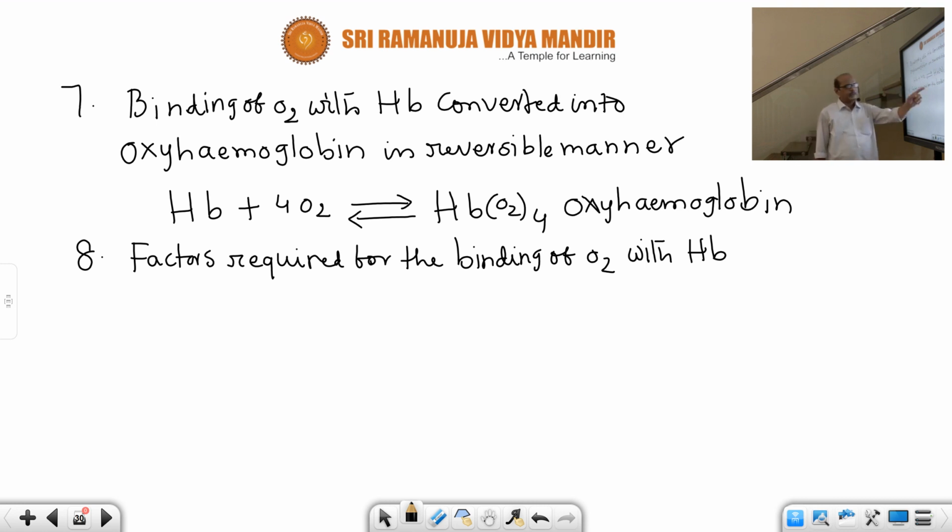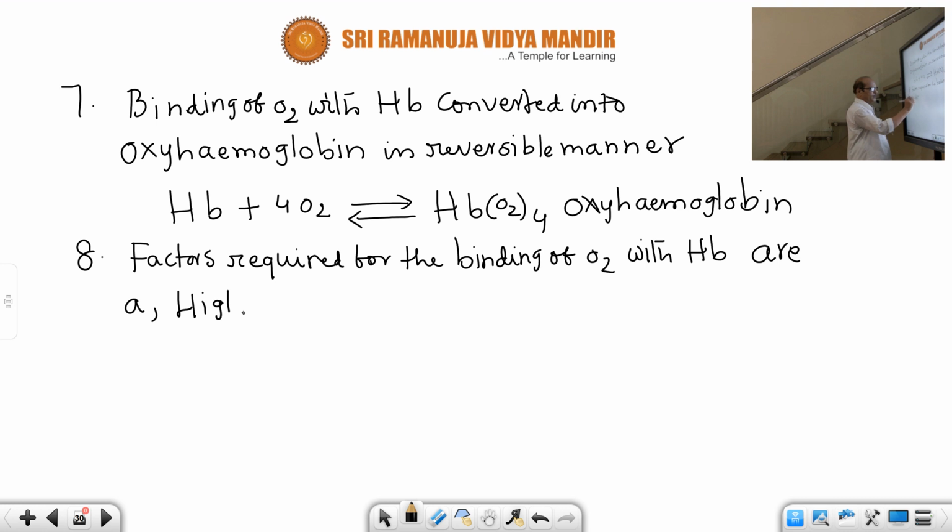So factors required for the binding of O2 with Hb: binding takes place at what site? In alveoli. In alveoli only O2 binds with hemoglobin. Exchange of O2 takes place between alveoli and pulmonary capillaries. Pulmonary capillaries contain blood, blood contains RBC, RBC contains hemoglobin.